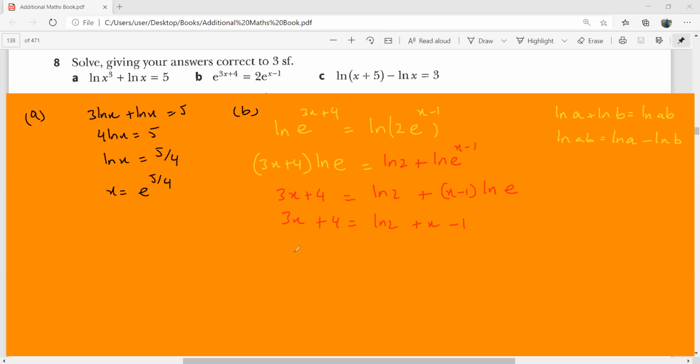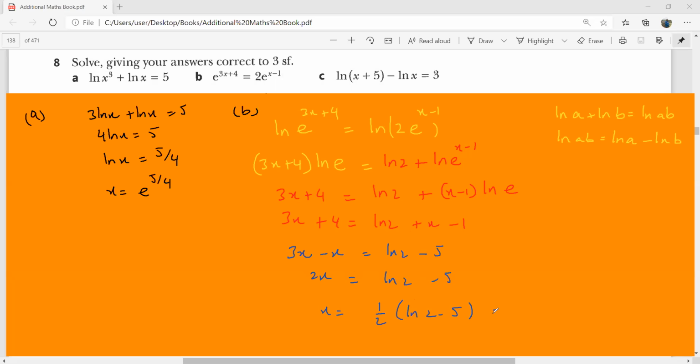I'll be writing this as 3x, I'll bring this x to this side, minus x, and I'll move this 4 to the other side. So we have ln 2 minus 1 minus 4, that is ln 2 minus 5. So you have 2x equal to ln 2 minus 5.